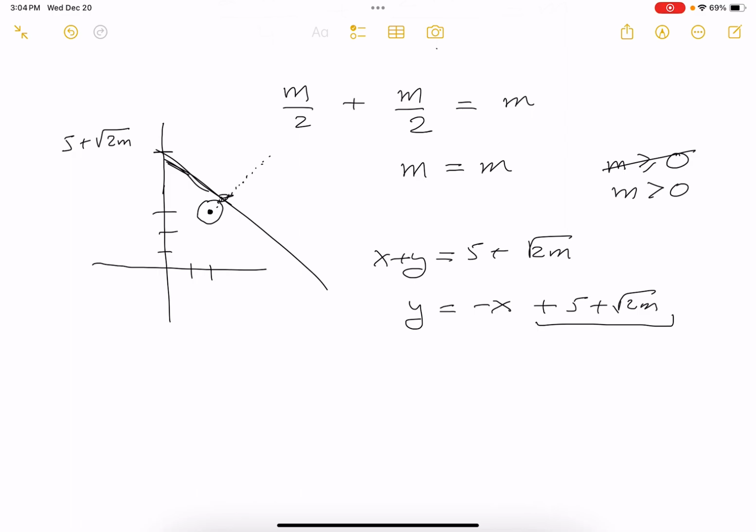There will be some stopping to that, though. So I know m is greater than 0. As this circle gets bigger and bigger, this thing keeps moving up. That's true. So all I've got to do is put a condition on m. The only condition I need is m greater than 0, and there will be an infinite number of tangent lines that do that. Again, the y-intercept keeps moving up as the circle gets bigger and bigger. And we're done. Thank you.